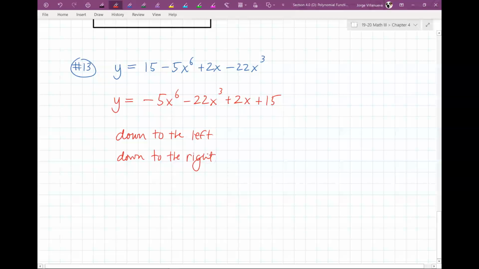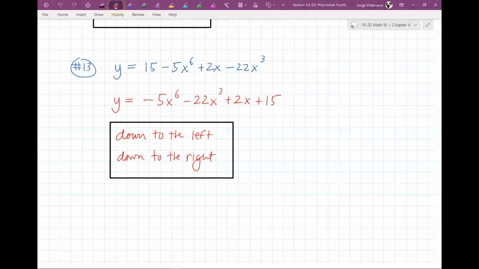They're going to want me to name this thing. What kind of function is it? And what's the highest power on it? 6. So they didn't give us a definition for 6, but it is a hectic. It's hectic. That's what it is. It's crazy, I guess. But we're not going to write that.